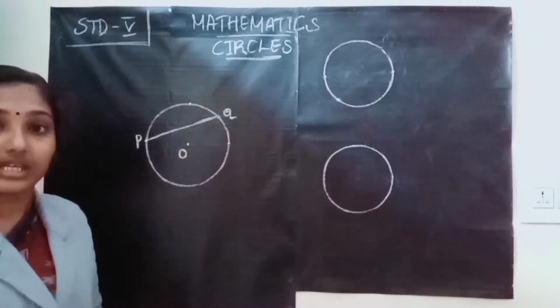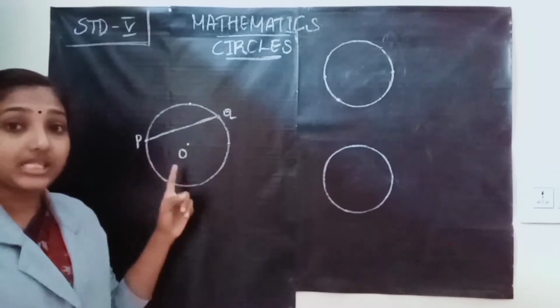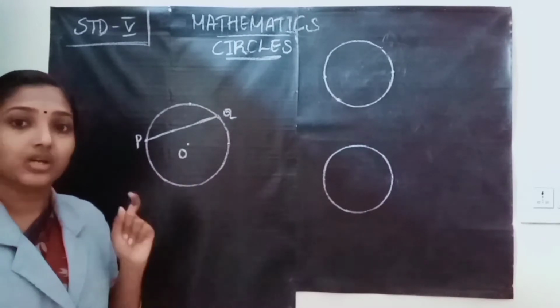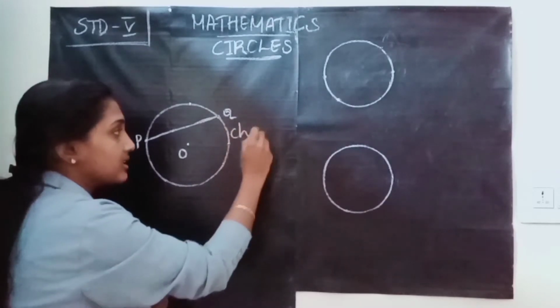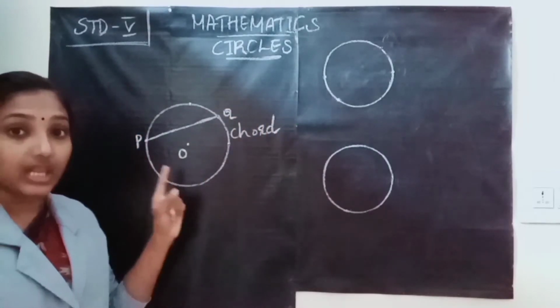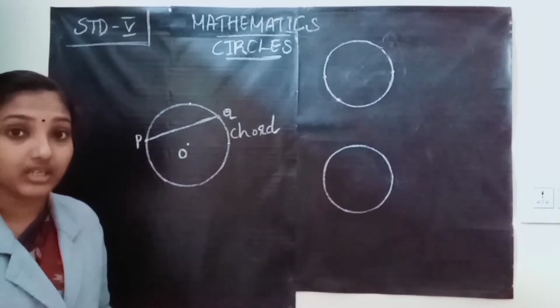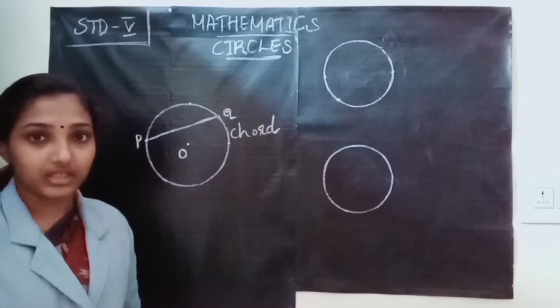Then I will get a line segment which joins PQ, and this line segment is called a chord of a circle. So the line segment joining any 2 points on the circle is called a chord of a circle.